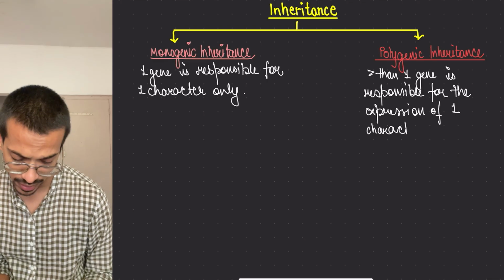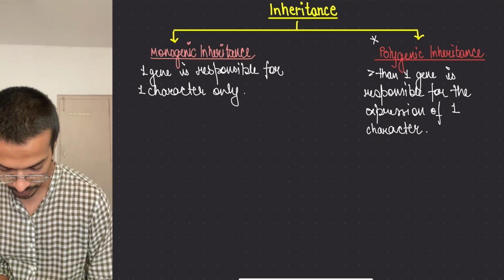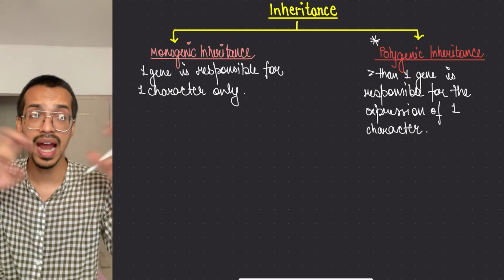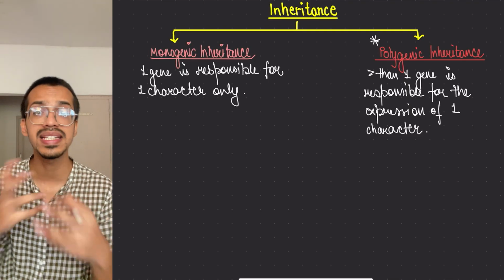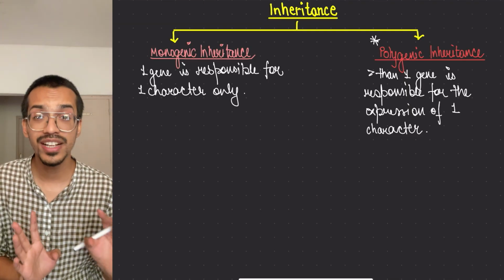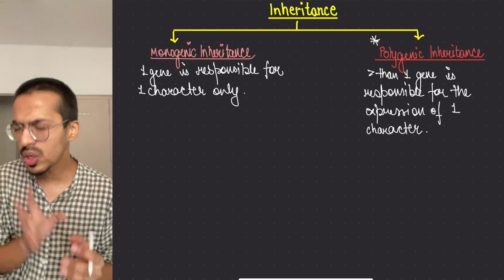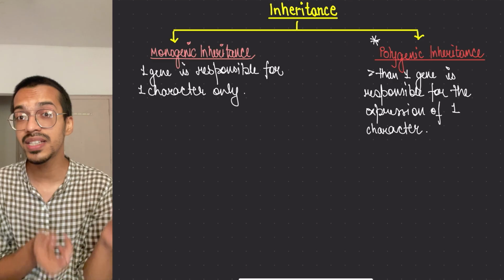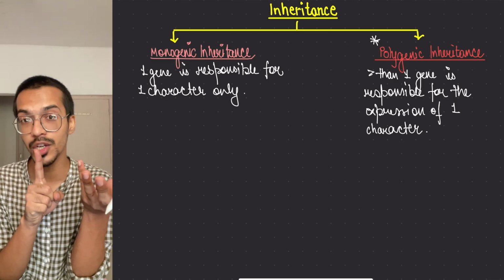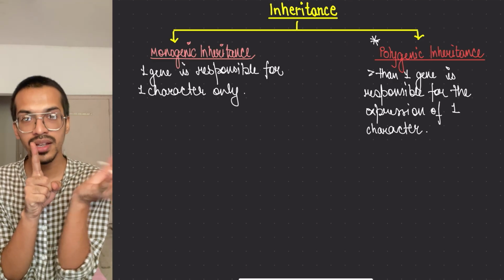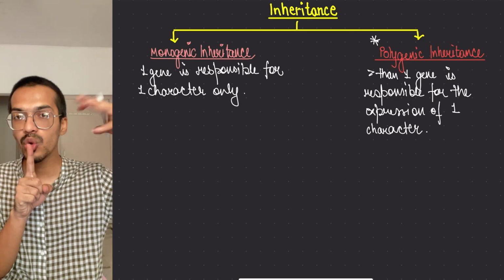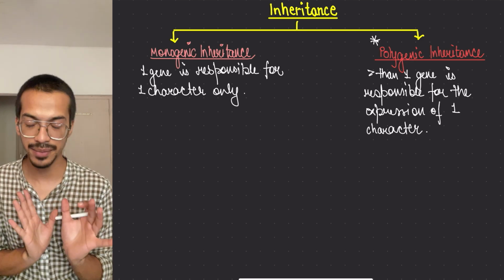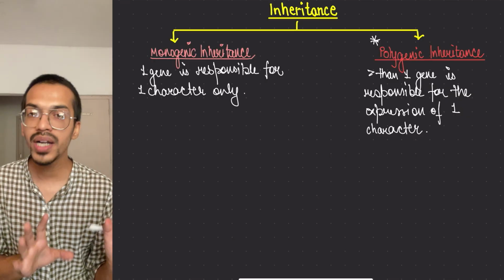This is super important for your boards, and of course, its difference and understanding the concepts and statements are super important for your NEET examinations. Remember that poly means multiple genes are working. Multiple genes means for one character more quantity is required. As the quantity increases, the expression also intensifies.